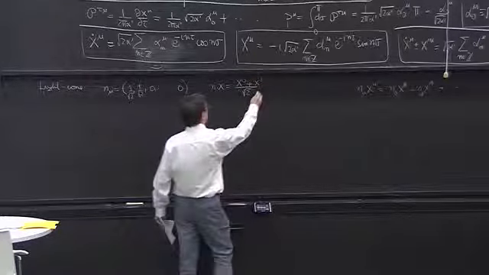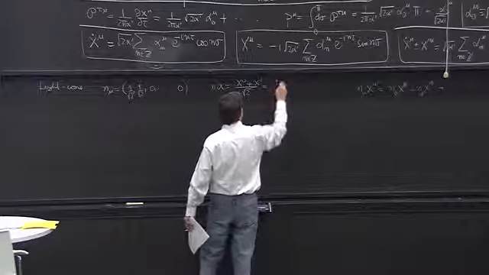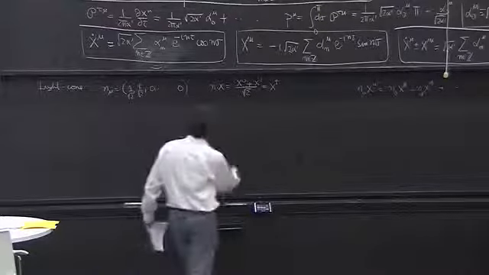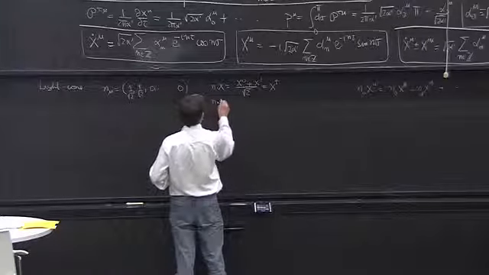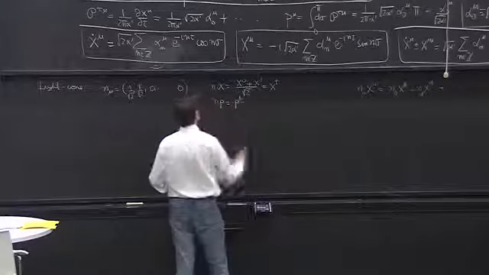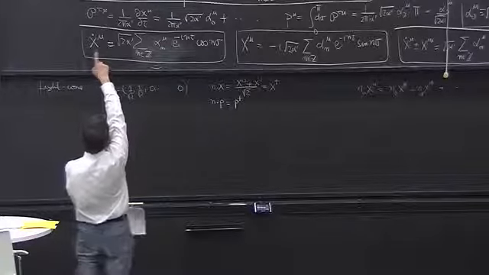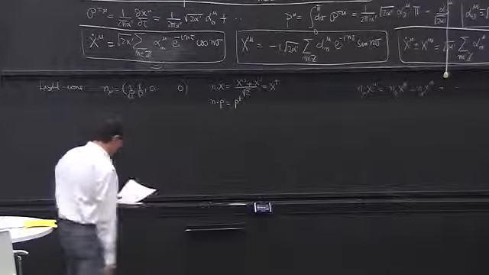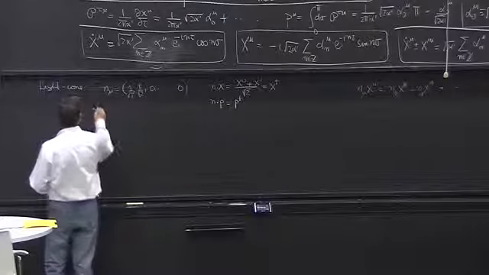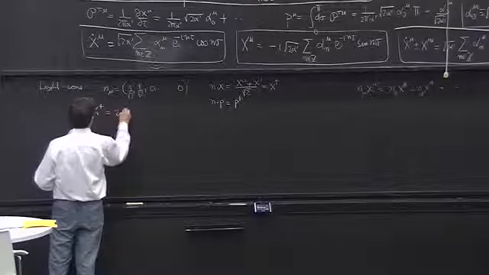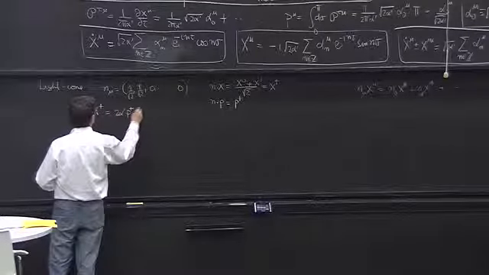And that is what we called in our first lecture x plus. And n dot p would be p plus by complete analogy. So our gauge condition, the top thing boxed in red, has become x plus is equal to 2 alpha prime p plus tau.